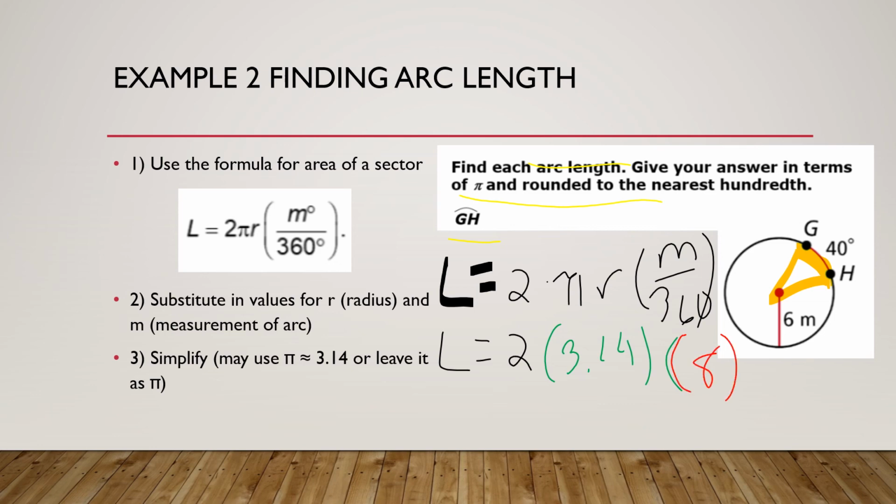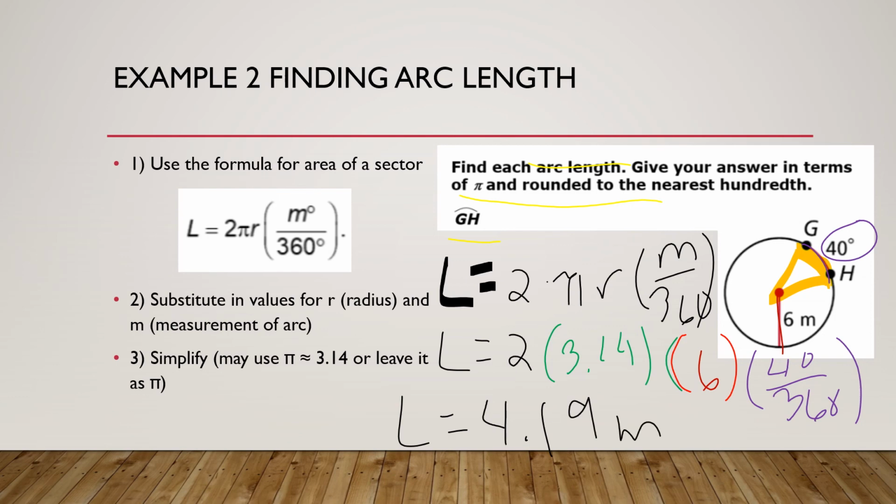Times my radius, which is 6, times the quantity of the measurement of my arc, which is 40, divided by 360. Again, we would substitute that all into our calculator. We would get 4.19, and we would label it with meters.